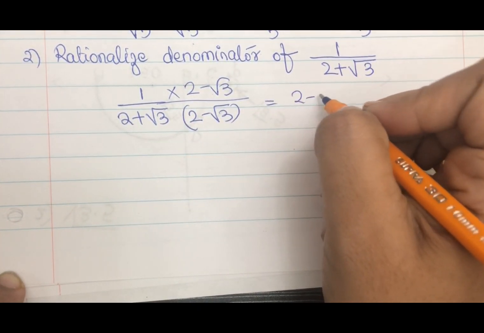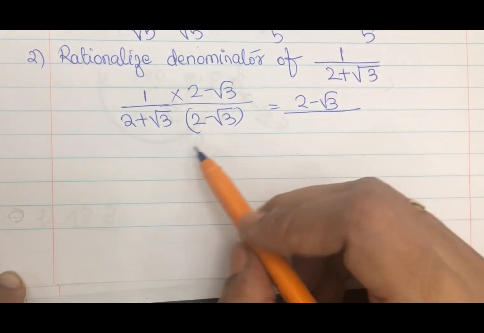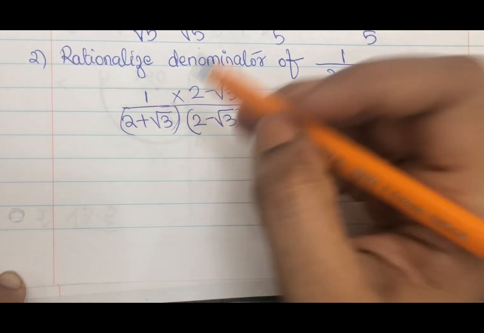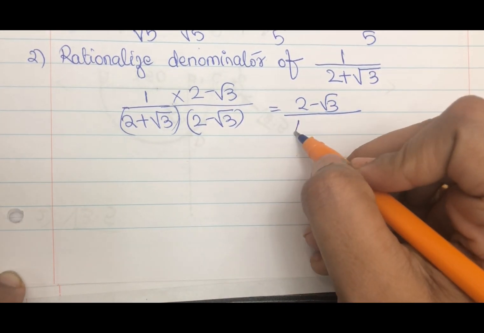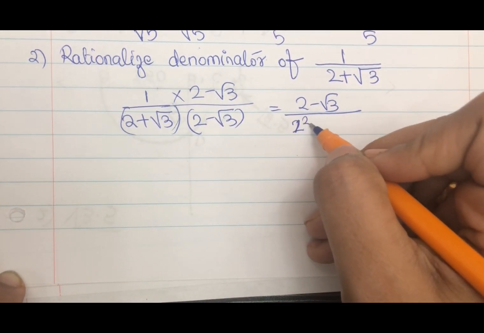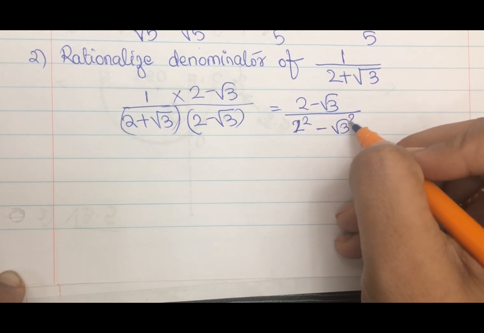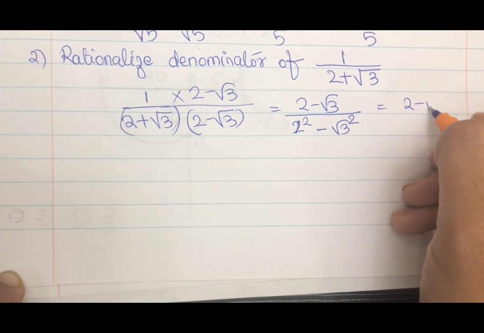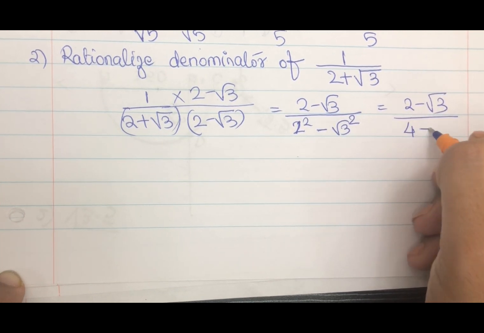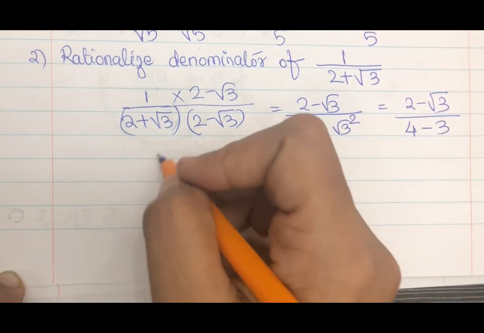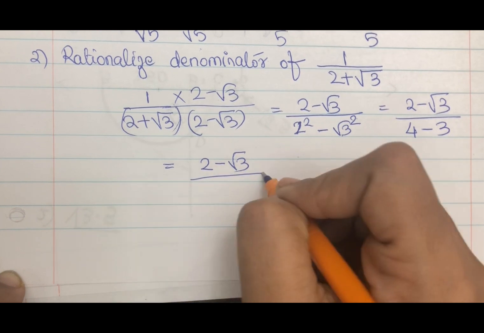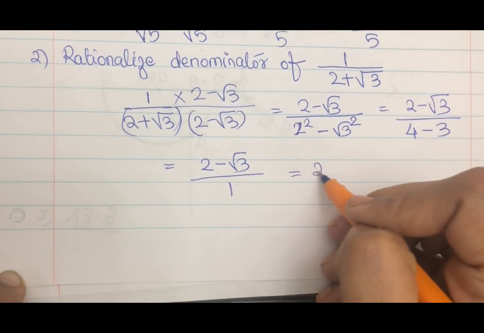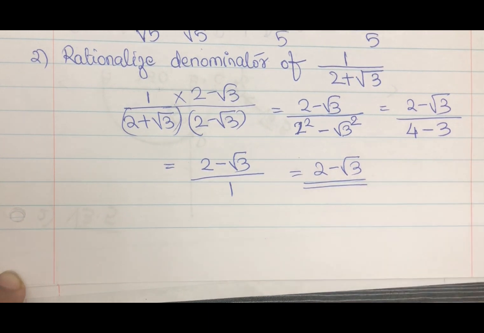In the denominator, what is a plus b into a minus b? It is a square minus b square. So a square is 2 square minus root 3 square. So 2 minus root 3 by 4 minus 3, which is 3 from root 3 square, so 2 minus root 3 by 1. So the answer is 2 minus root 3.